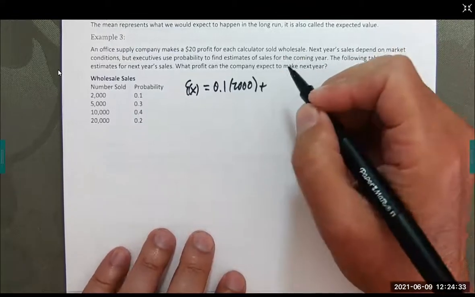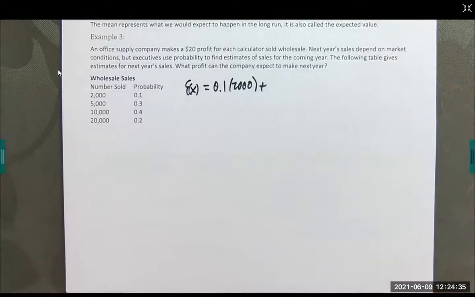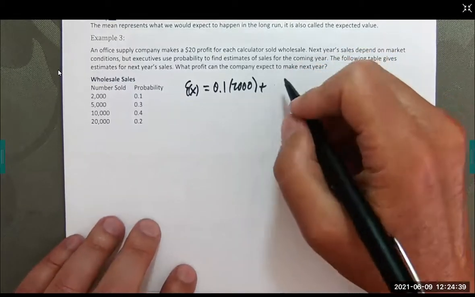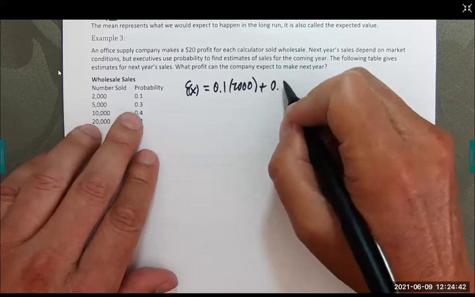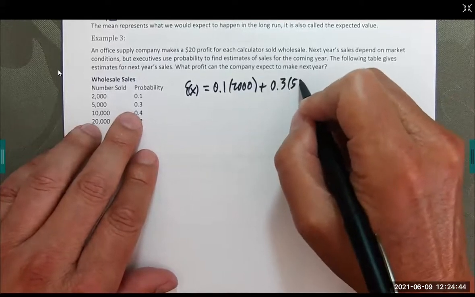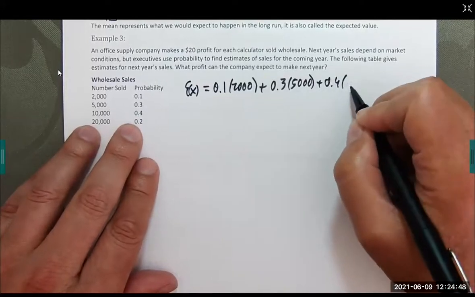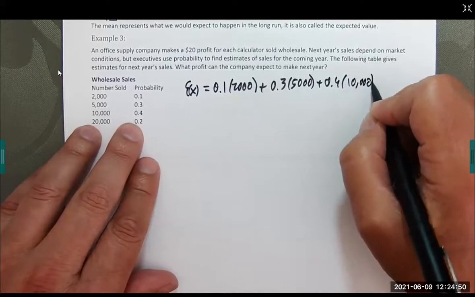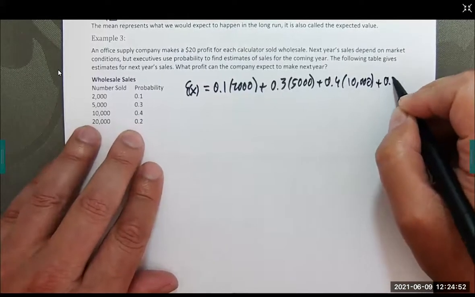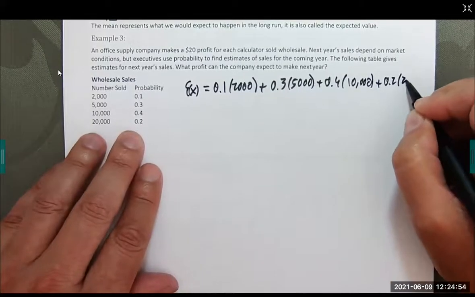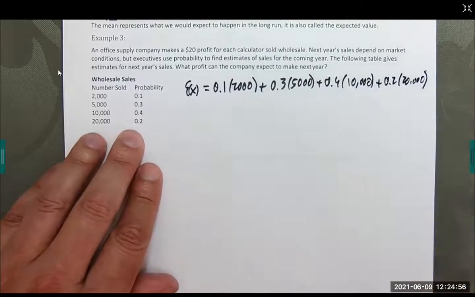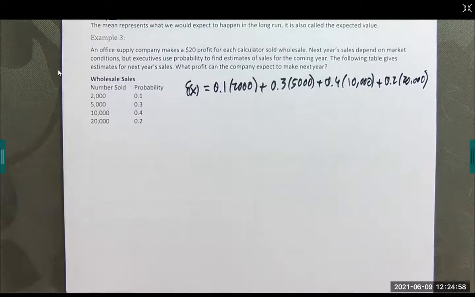So how many do they sell in general? So here we go. 0.1 times 2,000 plus 0.3 times 5,000 plus 0.4 times 10,000 plus 0.2 times 20,000. Let's see what we get.